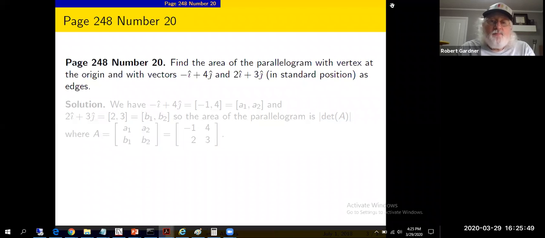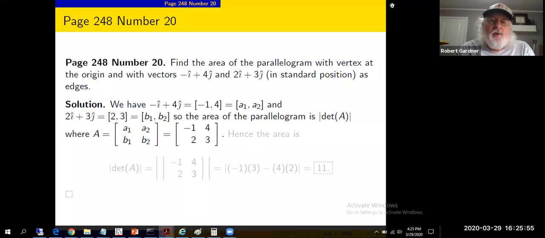We don't really need to draw a picture. That picture we had before schematically is good enough. So what we'll do is take these vectors and write them in the little square bracket notation, so we can easily pick the components off. So -i plus 4j is a vector with components -1, 4. Let's call that A1 and A2. The other vector, 2i plus 3j, has components 2 and 3.